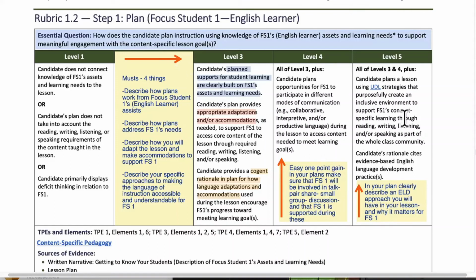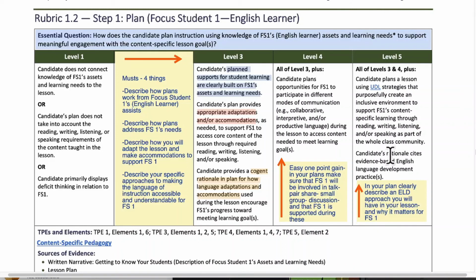And level 5, this is about UDL strategies again. Create an inclusive environment to support focus student 1's content-specific learning through reading, writing, listening, and or speaking. Candidate's rationale cites evidence-based ELD practices. So to move from a 4 to 5, you're having your student do all that rich engagement in language in multiple ways, and it's saying again here, reading, writing, listening, or speaking.